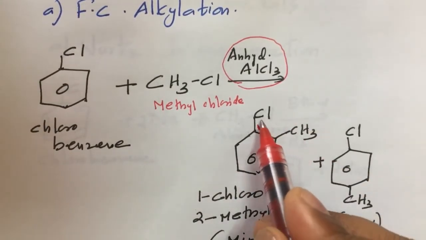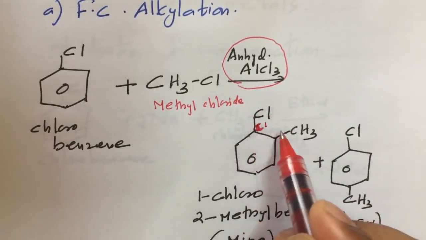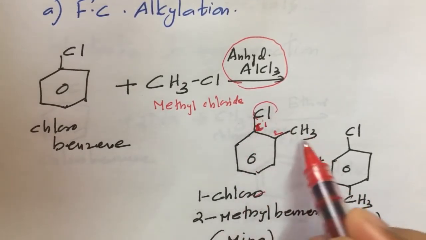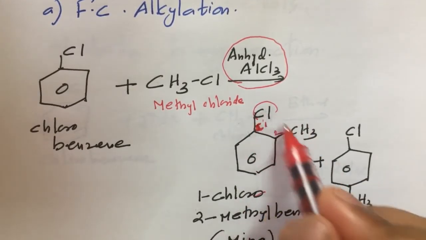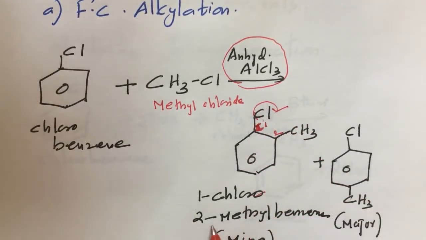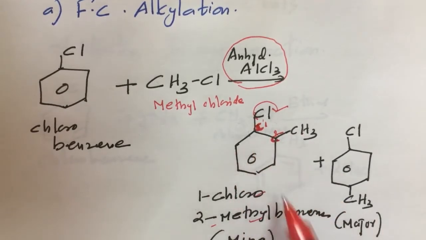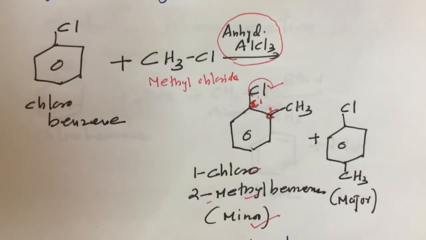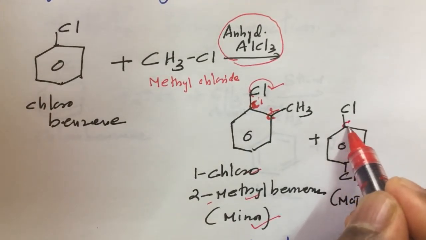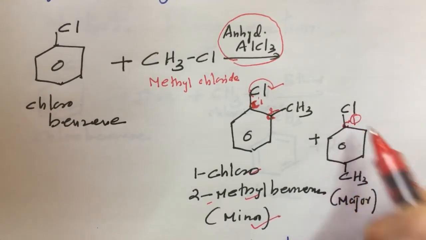1-chloro. Chlorine is the main group, so this carbon you can give number 1, this carbon number 2. So 1-chloro, first position chlorine. Out of chlorine and CH3, which is more important? Chlorine. So 1-chloro, 2-methyl benzene, with methyl on the second carbon, is the minor product. Then this carbon is 1, chlorine is present on this carbon, so give number 1.